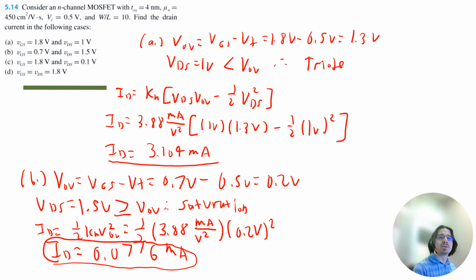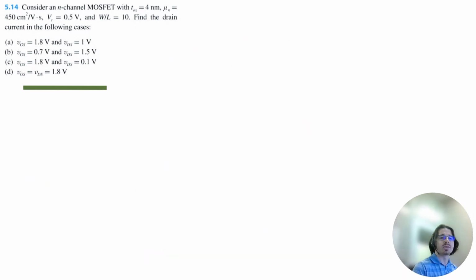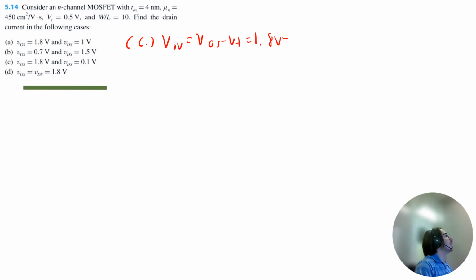Okay, let's continue with case C. I'm going to calculate my overdrive voltage again, which is V_GS minus V_T. For case C, we have 1.8 volts minus 0.5 volts, which is 1.3 volts.